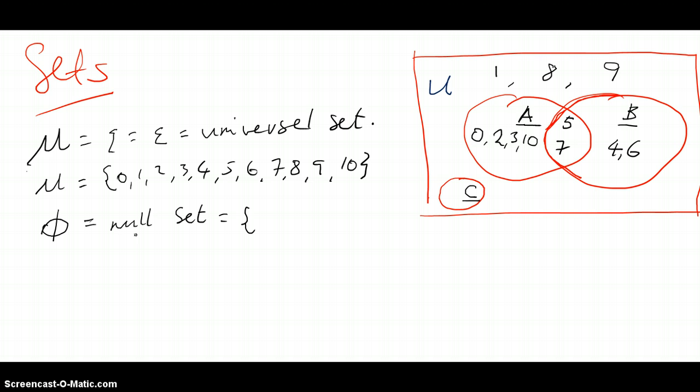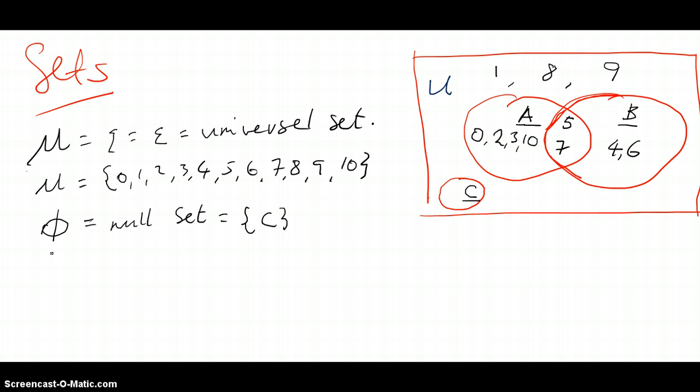When it says null set, it's referring to the number of elements inside the set. If we look at set C, you can see that set C doesn't have anything inside of it, so it has 0 elements. So in this case, the null set is C.